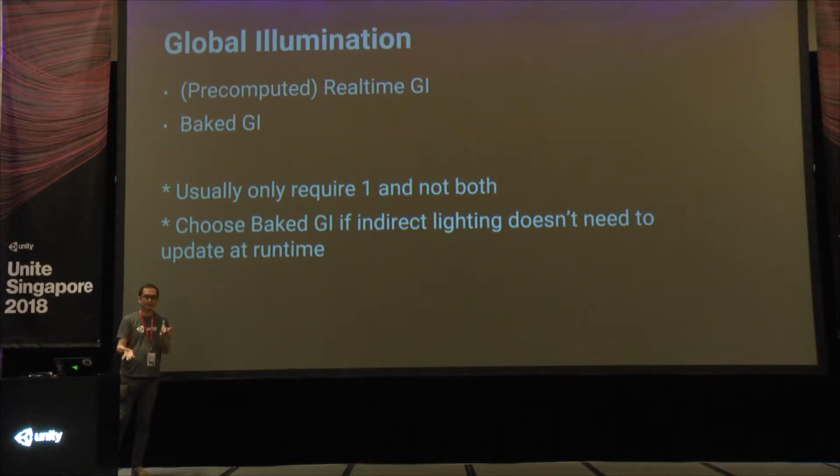So then you have two systems enabled at the same time, real-time and baked GI. Actually, you don't need both systems. You can select one or the other. Because if you have both enabled at the same time, you're increasing complexity and performance costs. And unless you know what you're doing, you should choose one over the other.